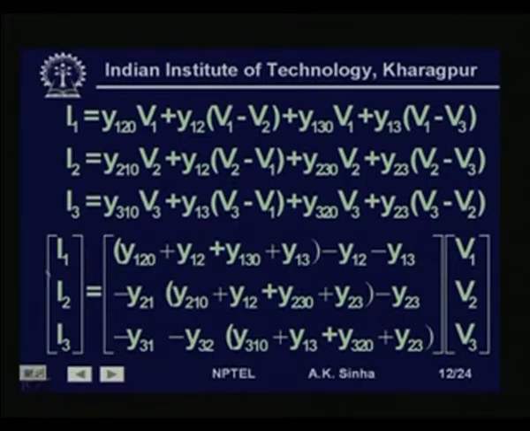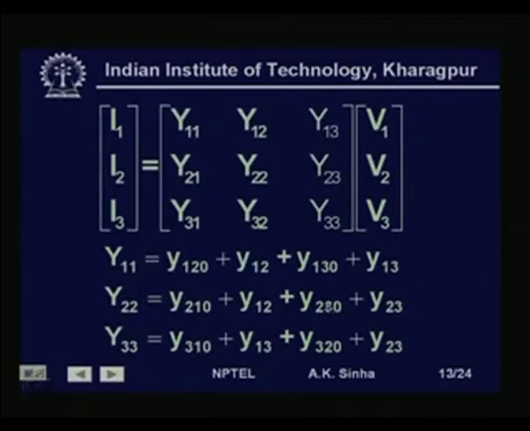So, this equation can be arranged in matrix form, and we can write I1, I2, I3 equal to capital Y, with Y11, Y12, Y13, Y21, Y22, Y23, Y31, Y32 and Y33, times V1, V2, V3, where Y11, the diagonal element, is Y120 plus Y12 plus Y130 plus Y13, and the diagonal element Y22 is Y210 plus Y12 plus Y230 plus Y23.